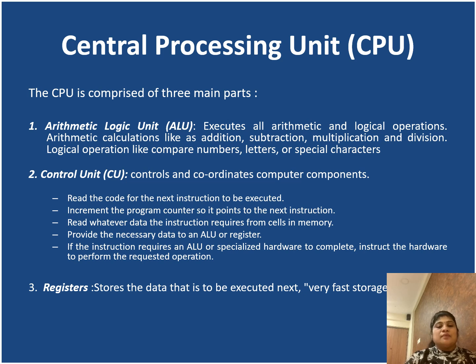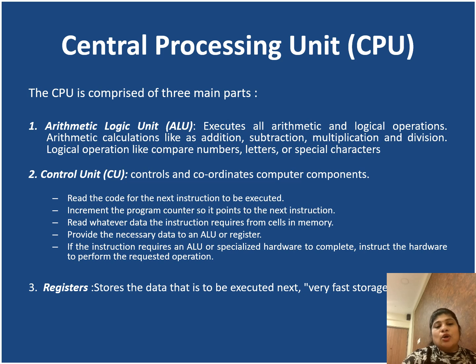This is called the CU for short. It controls and coordinates the computer's components. It reads the code, the instruction to be executed, increments the program counter that points to the instructions, reads whatever data the instructions require from the cells in memory, and provides the necessary data to the ALU.